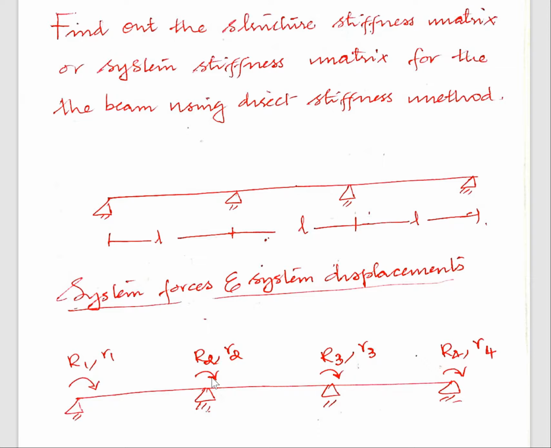At the second joint, the system force is capital R2 and the corresponding displacement is small r2. At the third joint, the force is capital R3 and the displacement is small r3. And at the fourth joint, the system force is capital R4 and the corresponding system displacement is small r4.